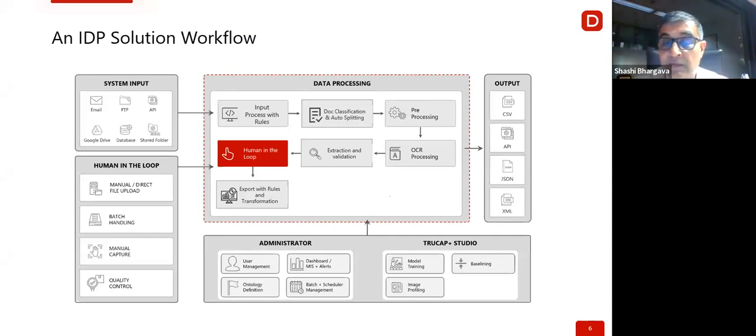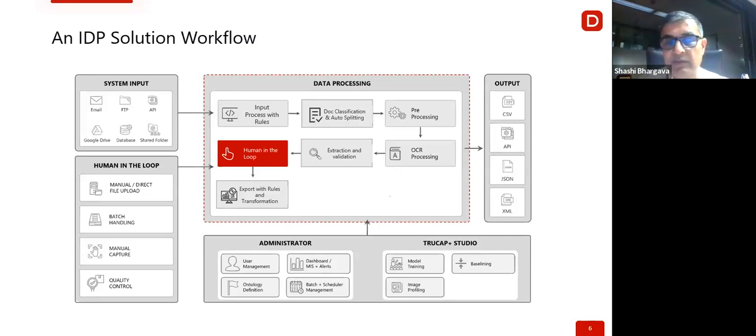One of the key features required in IDP is document classification and auto splitting. Let me take a minute to explain. Depending on what kind of documents you're getting, multiple documents can come as a single file, or you can get multiple files of similar types of documents.